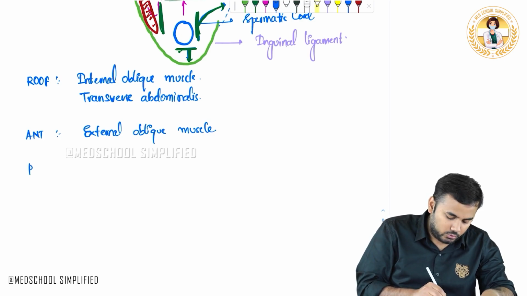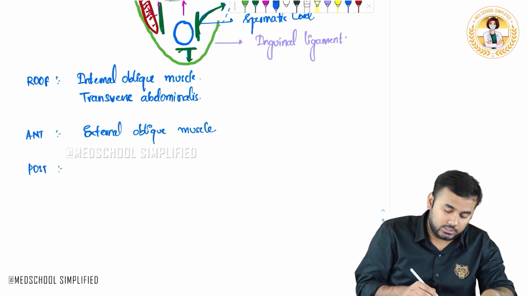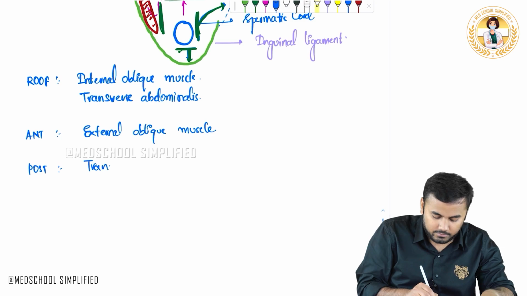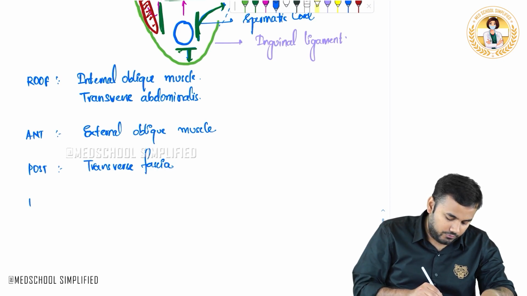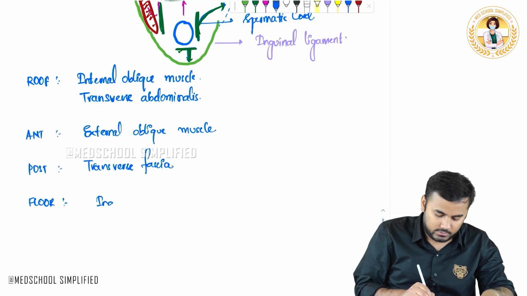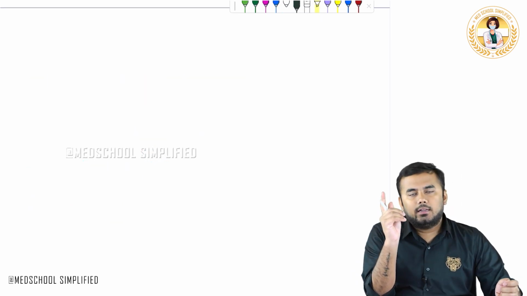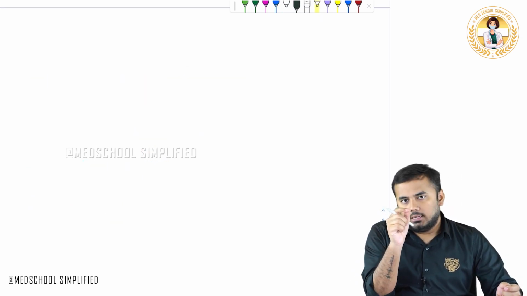And next you have got the posterior side. The posterior side is consisting of transversalis fascia, and the floor is consisting of inguinal ligament.